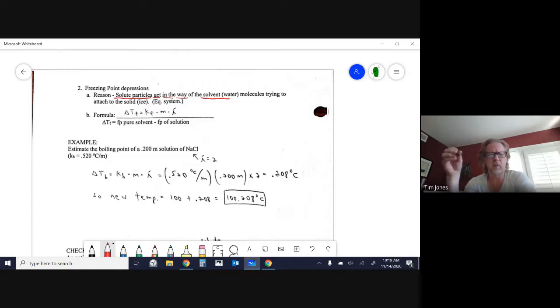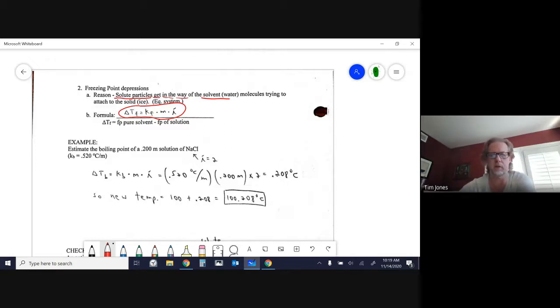It does get in the way, but there are also certain interactions. It could be an ion dipole or other intermolecular forces. So there's a variety of things happening. So it's not just a physical getting in the way, it's also different interactions. And that makes it harder for it to make a solid, and so you have to get it colder. So the equation is the same, except notice the little F for freezing point.